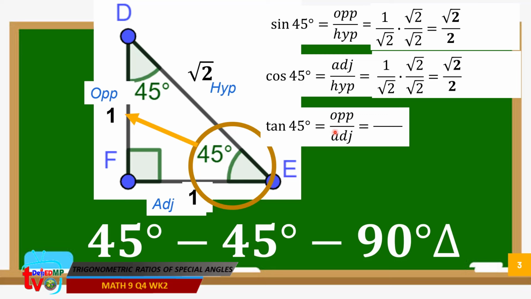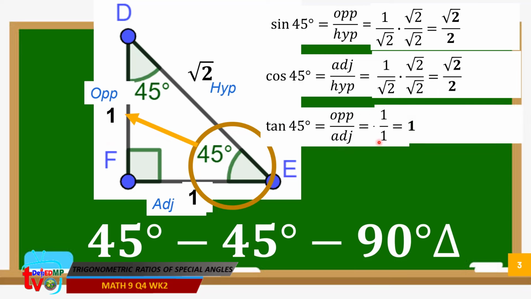The opposite side is 1 over the adjacent side, which is also 1. So we have 1 over 1. And 1 divided by 1 is simply 1. And now, we have already solved for the 3 primary trigonometric ratios of a 45-degree angle.